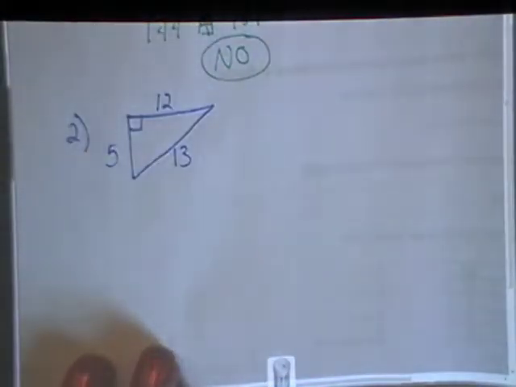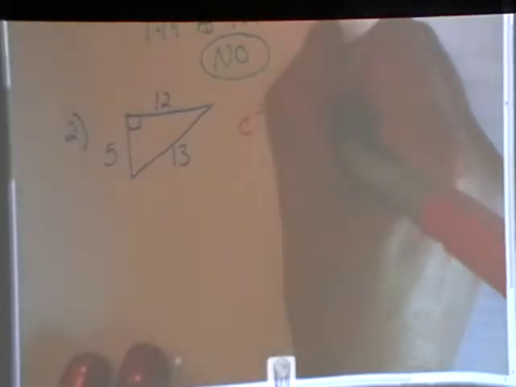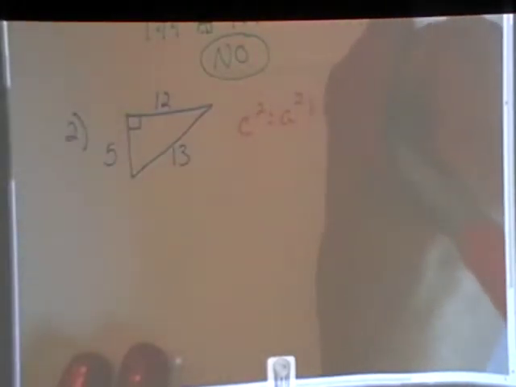Alright, let me show you another way it can be asked. So this time let's try a picture. Now, a picture's going to be a little bit harder because they're not going to give you what's A, what's B, and what's C. Alright, we know we're doing C squared equals A squared plus B squared.